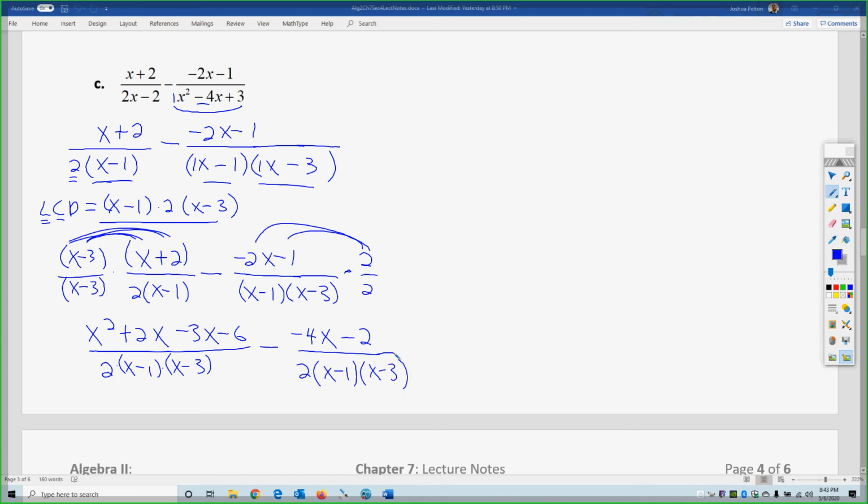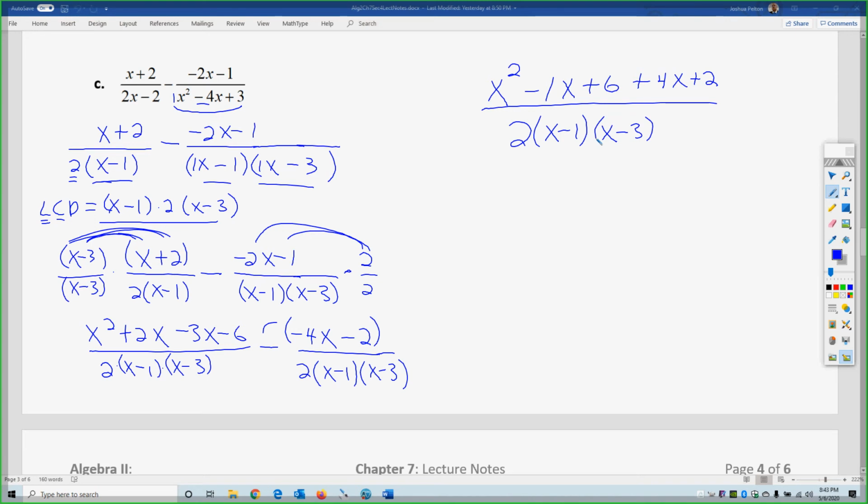Okay, now we can actually subtract them. So I get x squared. So I really have 2x minus 3x minus 6, so that's really negative 1x plus 6, and it's minus negative 4x plus 2, so that's really plus 4x plus 2 when you distribute the negative to those two terms, because it's subtraction in this case, right? All over the common denominator of 2, x minus 1, x minus 3.